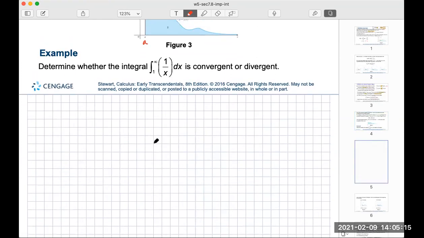Because the limit is going to infinity, from the definition this is a type 1 improper integral.